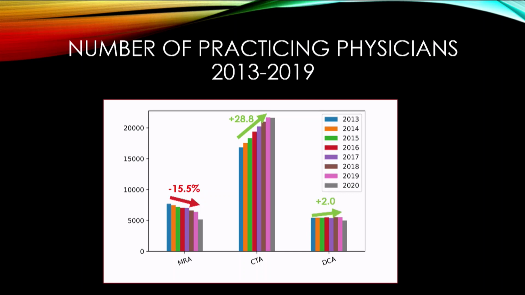Diagnostic catheter angiography has increased only slightly. In the first year of the COVID pandemic, the people performing MRA decreased 19%, while CTA only dropped a very small percentage, and DCA dropped about 10%.